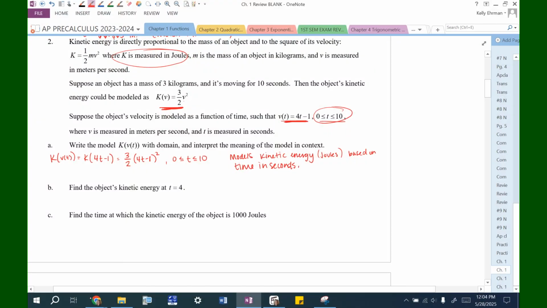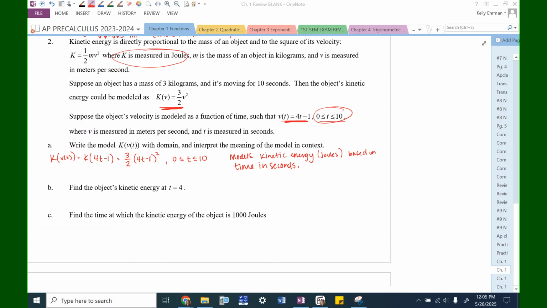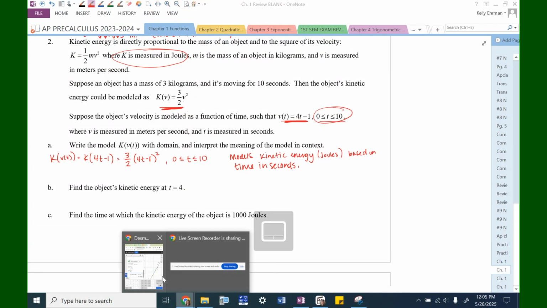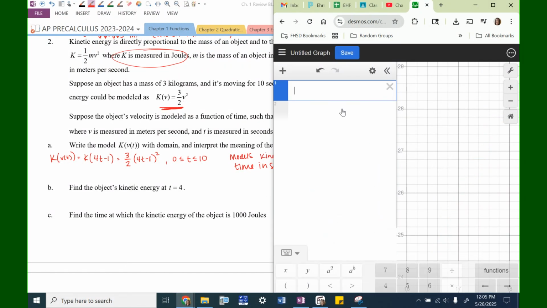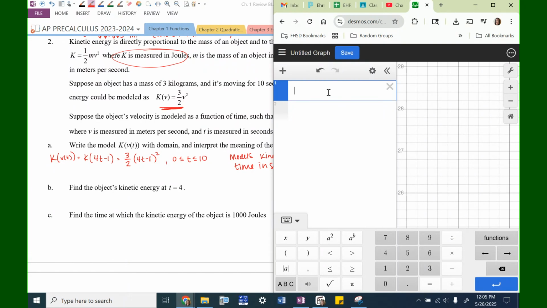Find the kinetic energy at 4. So I'm going to use Desmos to do that. This one's not that difficult of a calculation, but plugging in 4 is easy, and solving and setting it equal to 1,000 is not as easy. So I like to do K of t. Remember, don't do V of t, it'll get confused.